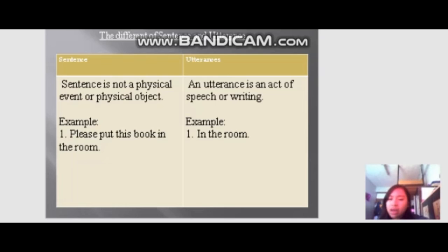So why do we distinguish between sentence and utterance? Because it is important to recognize what meanings are communicated to us in a language and which meanings we derive from the context in which language is used.